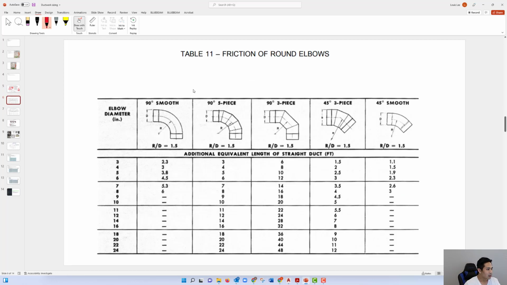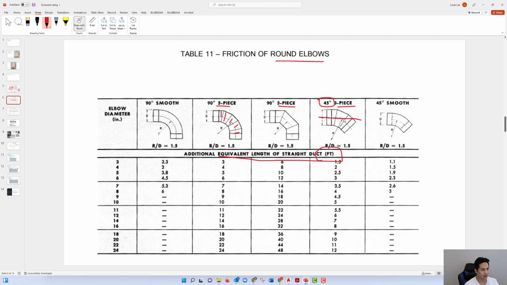And there's other charts available too. Some of these charts just give you the equivalent length of straight duct in feet. So in this case, it's for round elbows, and depending on the pieces here, in this case it's not very smooth. It's in 5 pieces. You can have 3 pieces as well as different degrees.